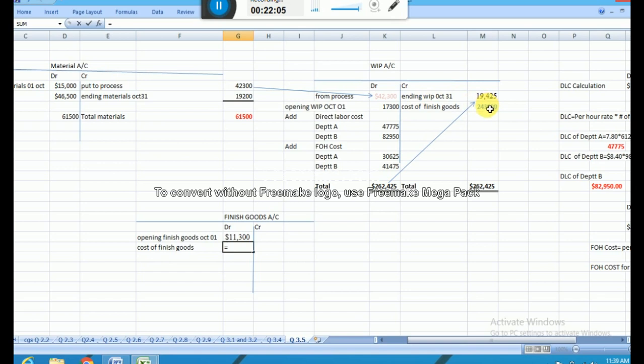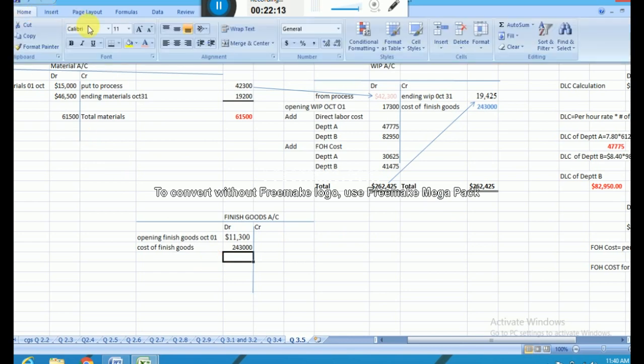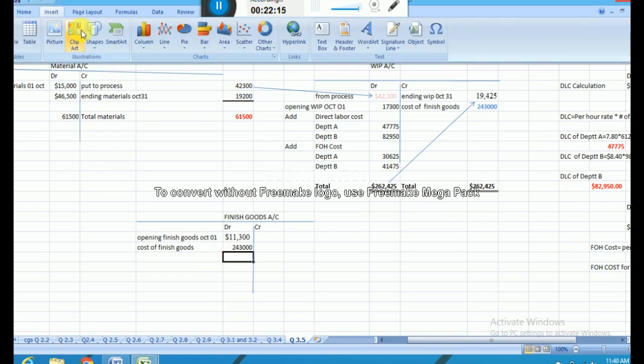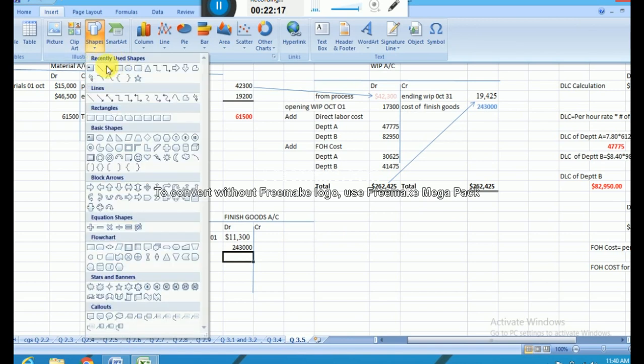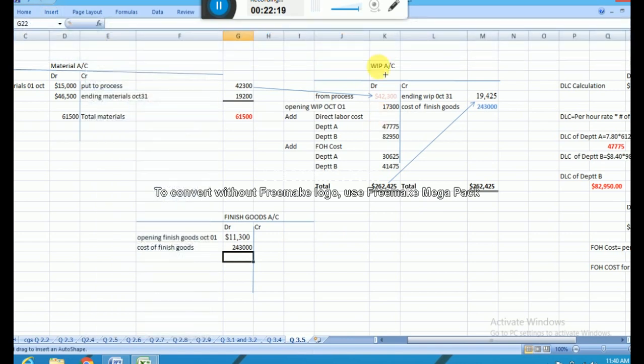We produced $2,43,000 finished goods. Look, in the work in process account it is on the credit side. Here we transfer it to the debit side of the finished goods inventory.